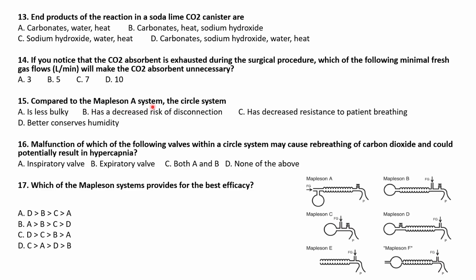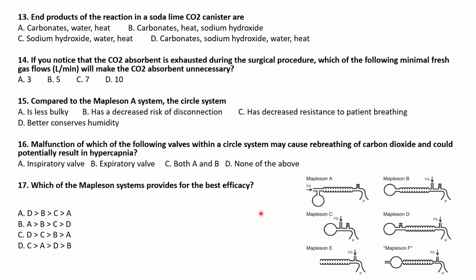Compared to the Mapleson A system, the circle system is bulky, risk of disconnection, has decreased resistance to patient breathing, better conserves humidity. Malfunction of which of the following valves of the circuit may cause rebreathing of carbon dioxide and potentially result in hypercapnia? Which of the following Mapleson systems provides best efficiency?